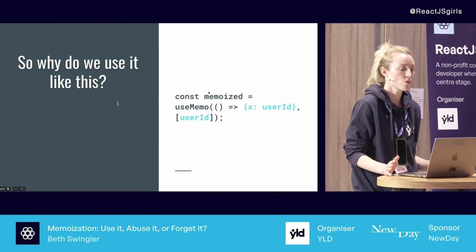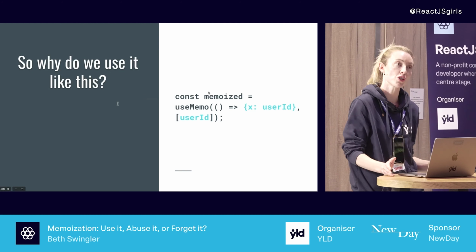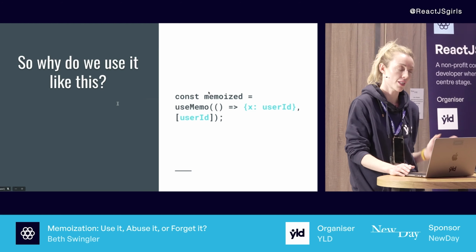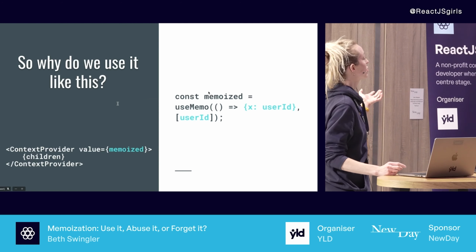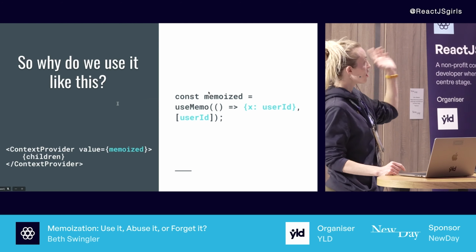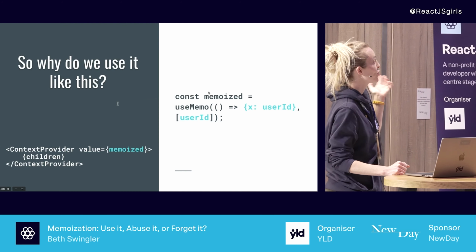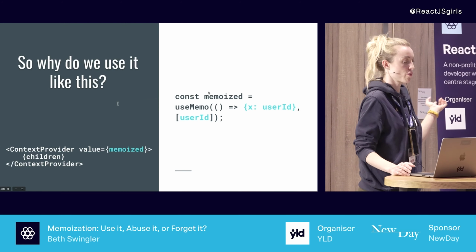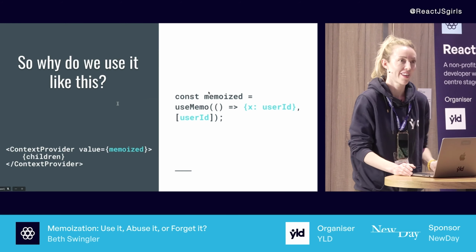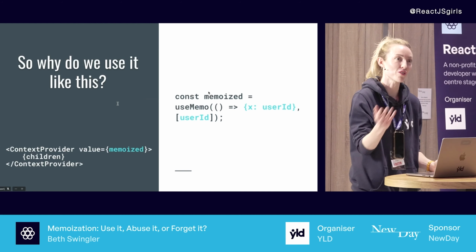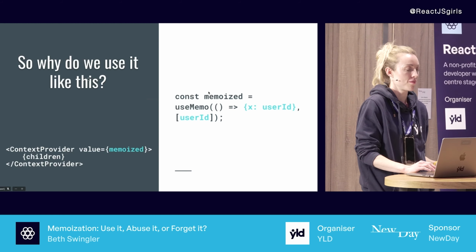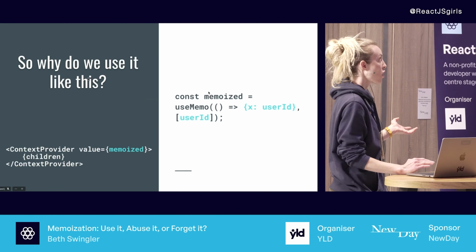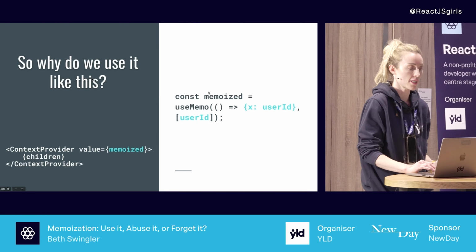Well, in React, we use it like this, and we should, in fact, use it like this, at least for now, because what happens when you give an unmemoized object to a provider, say a context provider or a parent? As some of you will know painfully from experience, what happens is a hell of a lot of work that probably doesn't need to happen.